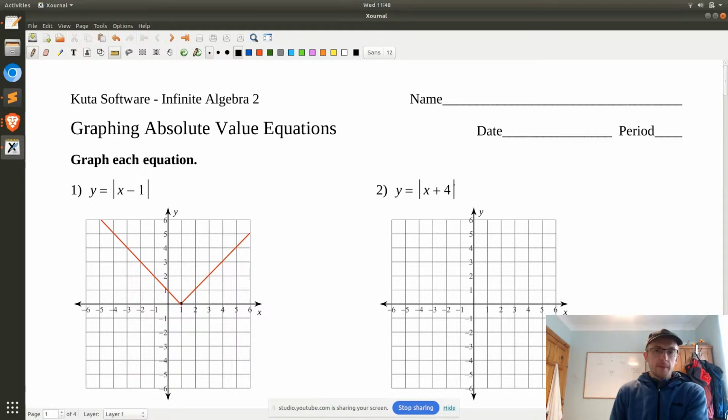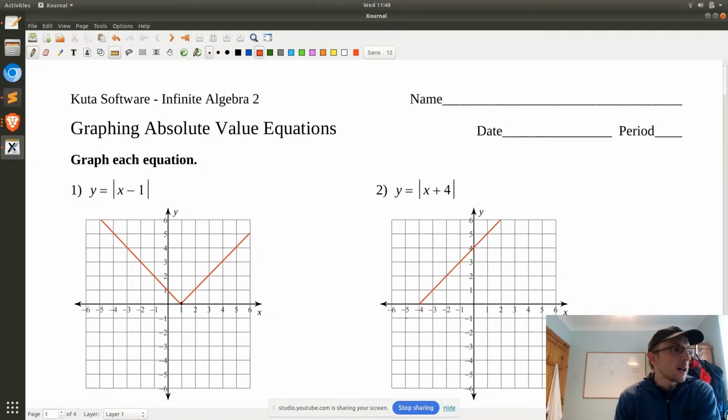Okay, so the absolute value of x add 4. Now we know that x add 4 ordinarily looks or begins to look like this. That's how it begins to look.